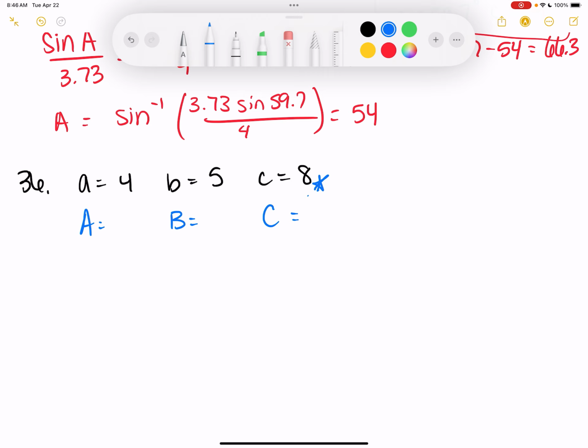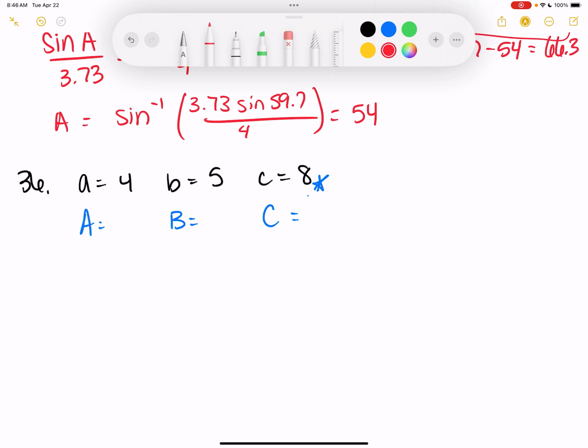And so I'm going to have to use the manipulated formula for law of cosines. So I'm going to go through as if I did not memorize the manipulated formula, and I'm going to manipulate it again just so that we see it. Because honestly, I think it's easier to manipulate it than try to memorize it, but that's just me.